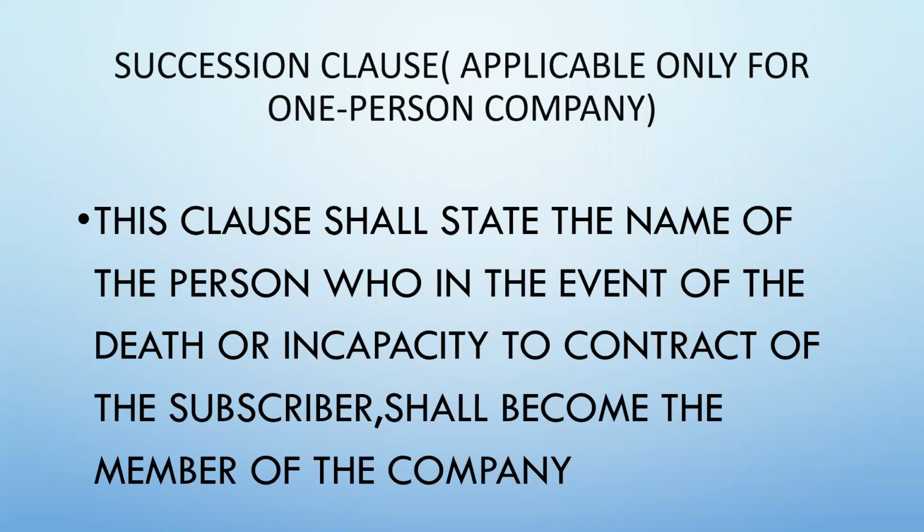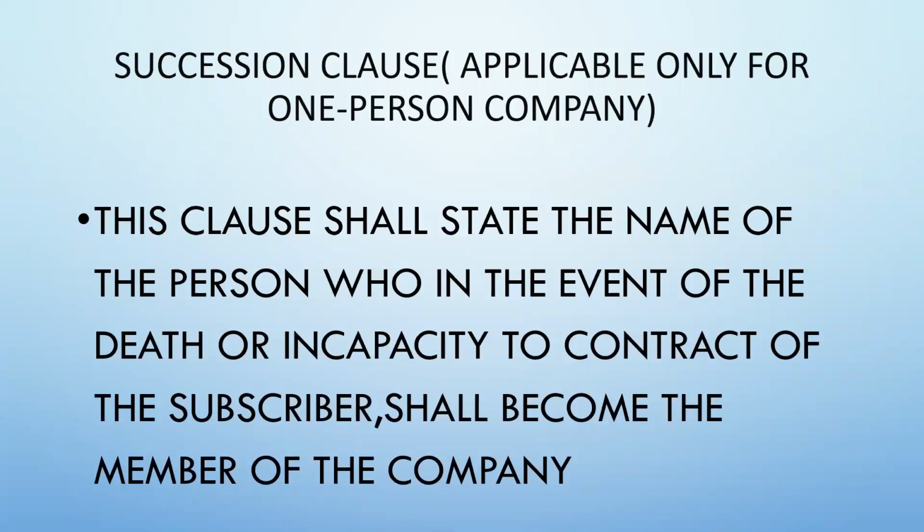In case of one person company, we have an additional clause which is not compulsory for other types, which is referred to as succession clause. OPC stands for one person company.